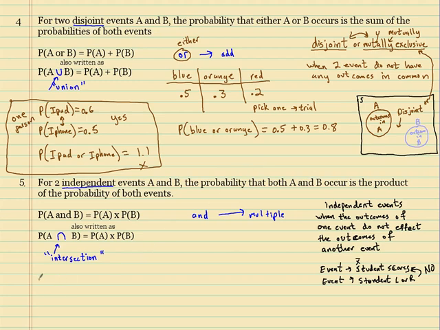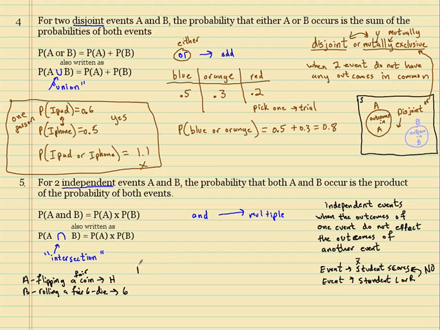Okay, so I'll just give you a quick example. So flipping a coin, a fair coin. Okay, that'll be A. And B will be rolling a fair six-sided die. Okay? So I'm gonna say A is the event of getting a heads, and B is the event of rolling a 6.